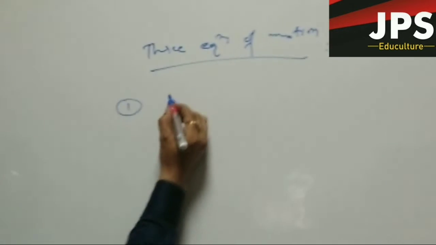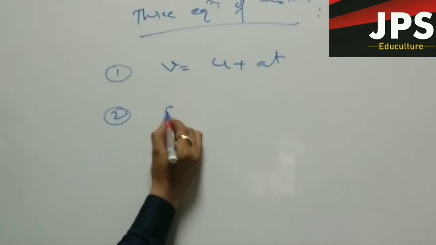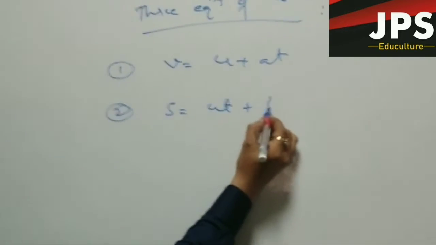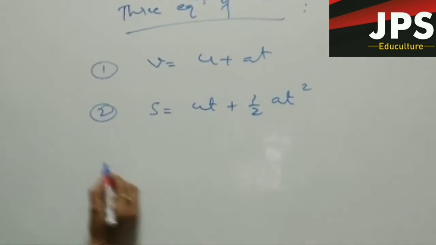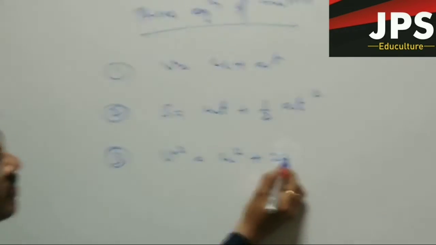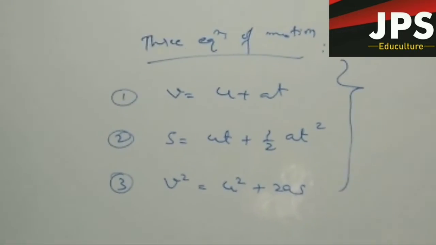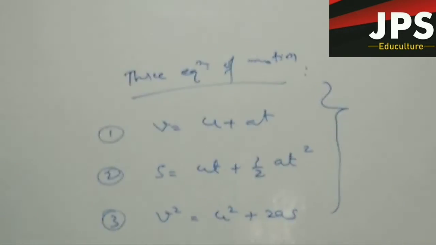Number one, V equals U plus AT. Number two, S equals UT plus half AT square, and number three, V square equals U square plus 2AS. These three equations are very helpful for calculating all the numerical portions of this chapter.